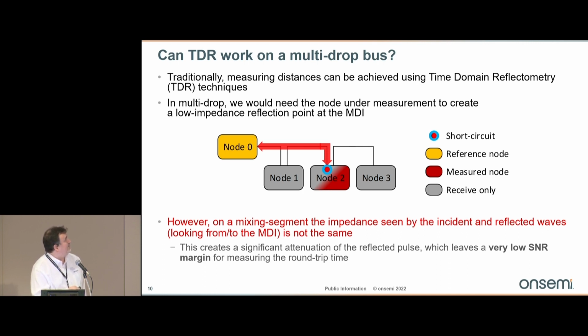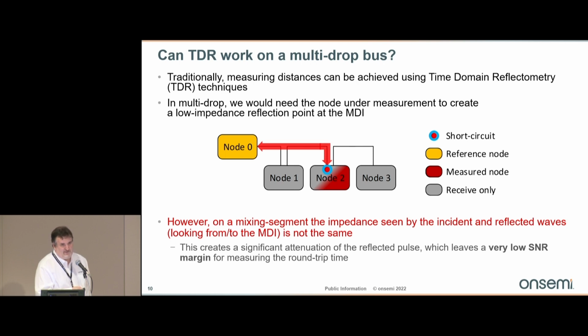So the answer to that is that, well, in principle, you could try to have maybe a node creating on purpose a short circuit on the bus, which, by the way, is, again, not very easy in a harsh EMC environment to keep the switches really closed without creating weaknesses in the PHY.